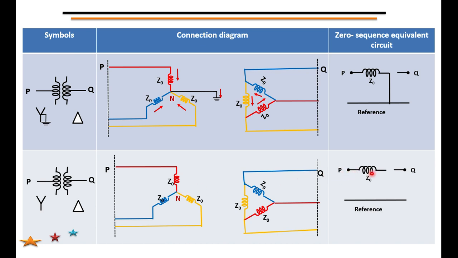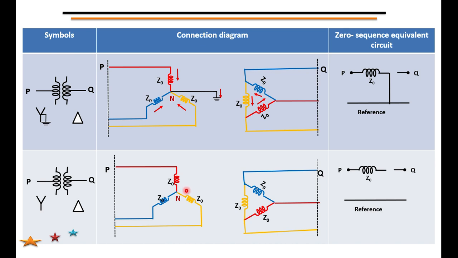Therefore, it is P to Z0, and there is a complete break here, meaning there is no current flowing. If there is no current flowing in the secondary, there is no circulation here. In the previous case, the current entered the delta connection and circulated there. But here, first of all, no current flows to the secondary winding, because it is not grounded.